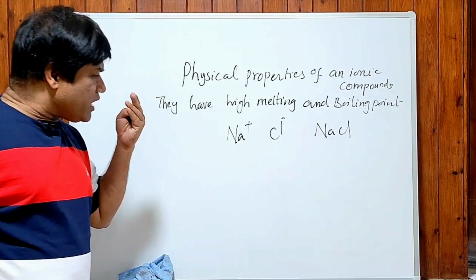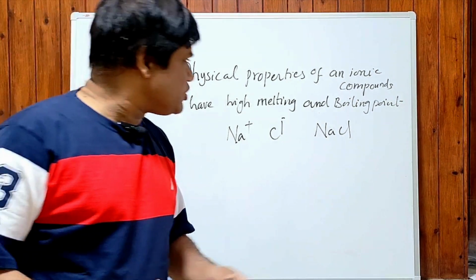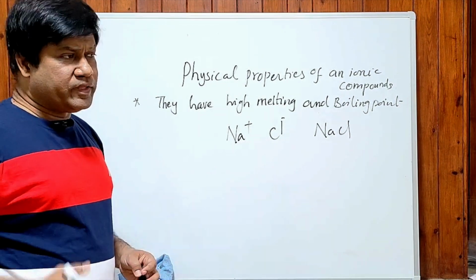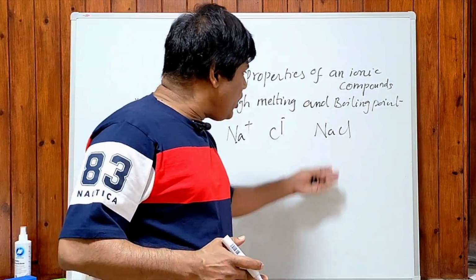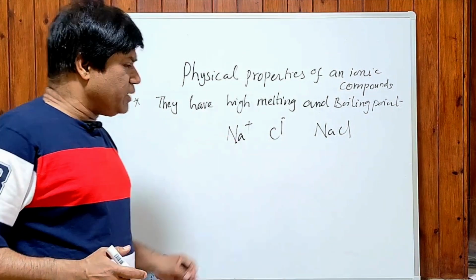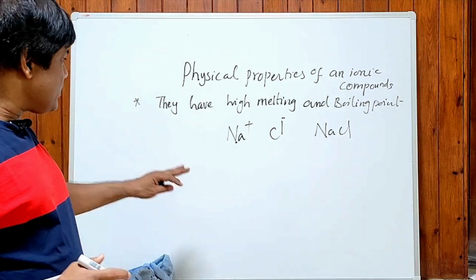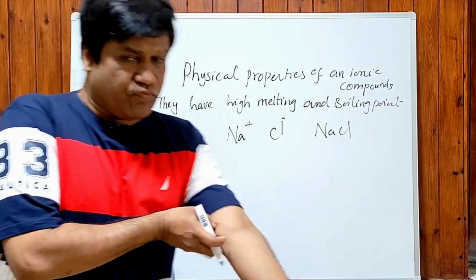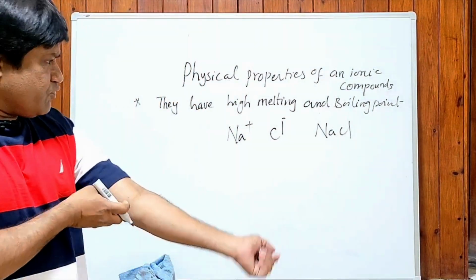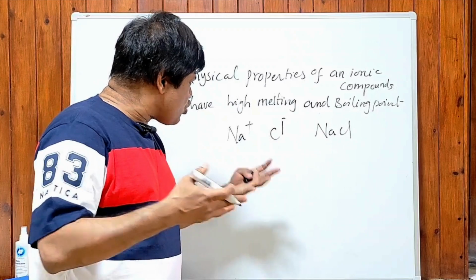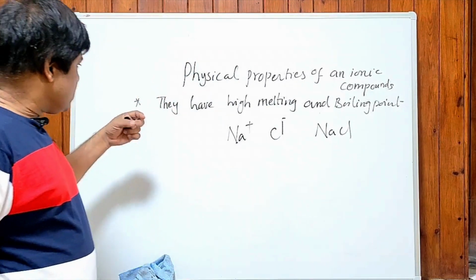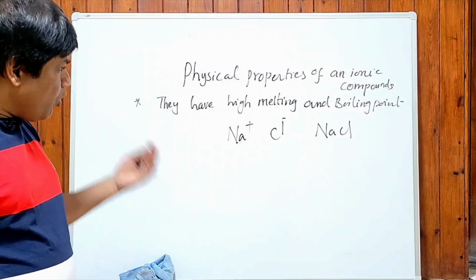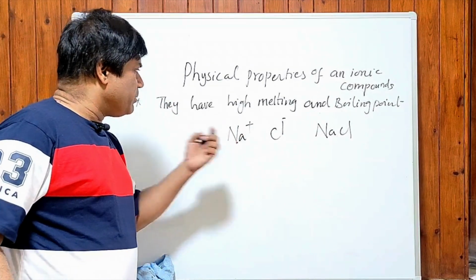There exists an electrostatic force of attraction between these two ions, so it's hard to break them, or we need more energy to separate them into ions. That's why they have a high melting and boiling point and exist in the solid form. This force of attraction creates a strong bond, so all ionic compounds need more energy to break them apart.